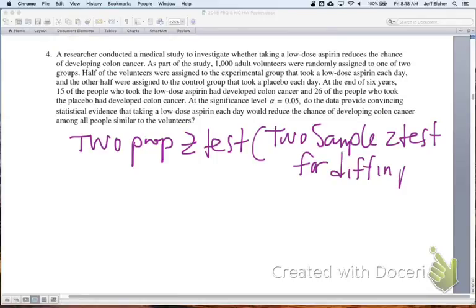Difference in props. Got to give you props. Be really careful though because the calculator doesn't call it 2-sample Z test. If you use 2-sample Z test on your calculator, that will be wrong, so don't do that. So checking conditions. Do not put random check or random sample check. Those would be wrong. You would need to say we have random assignment.